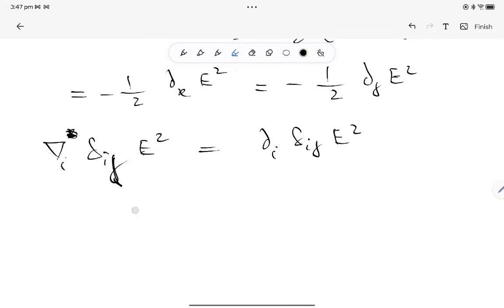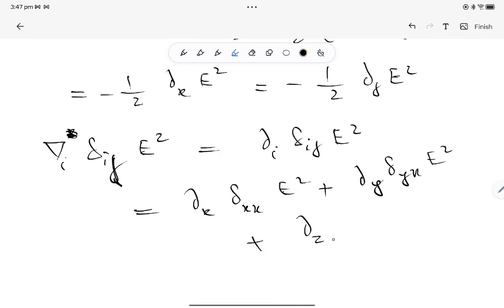And when we expand this, we write del x, we give value x to it, delta xx, and j we have chosen as x, e square, then del y delta yx, value of i is y, value of j is x, e square plus del z delta zx e square.